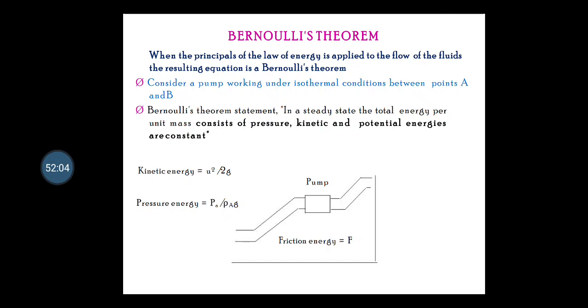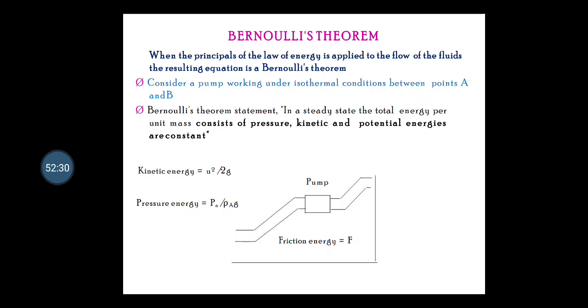So at point A, 1 kilogram, that is unit mass of liquid, is assumed to be entering. That means 1 kilogram of your liquid is assumed to enter from point A. At this point the liquid experiences mechanical energy, which can be expressed as pressure energy, kinetic energy and potential energy.